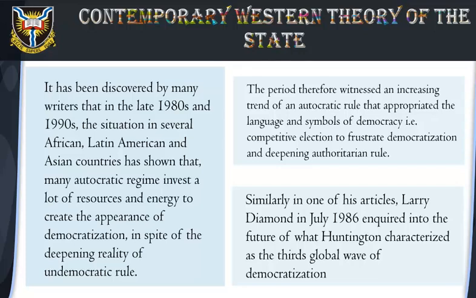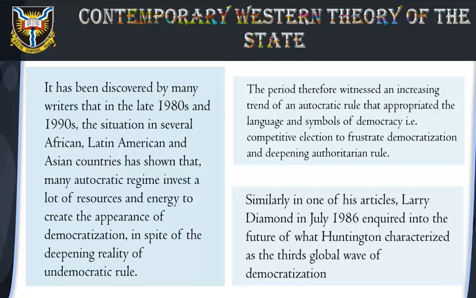It has been discovered by many writers that in the late 1980s and 1990s, the situation in several African, Latin American, and Asian countries has shown that many autocratic regimes invest a lot of resources and energy to create the appearance of democratization in spite of the deepening reality of undemocratic rule.